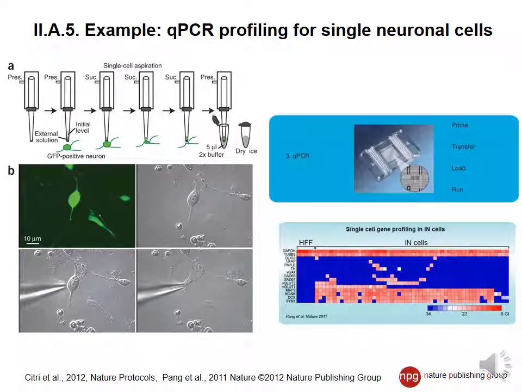The authors also used a specific dynamic array that let them do high throughput expression profiling from single neuronal cells, assaying up to 96 independent samples with up to 96 different qPCR primers in one single experiment.